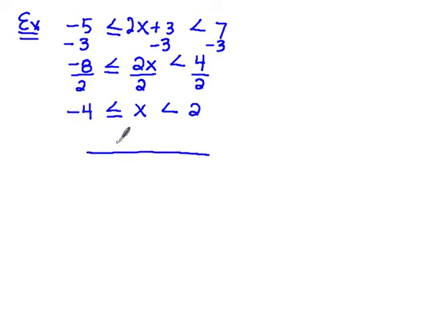So when I come to the graph, I get it trapped between negative 4 and 2. And on the left-hand side, it's got less than or equal to, so I'm going to put a bracket. And on the right-hand side, it's got a strictly less than sign, so I'm going to put parentheses.